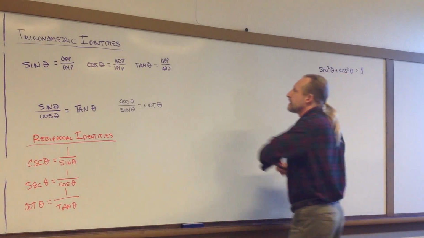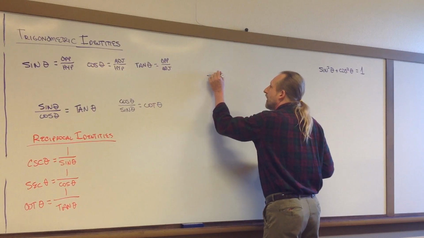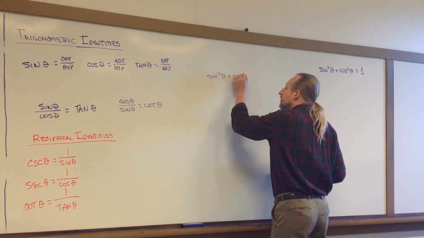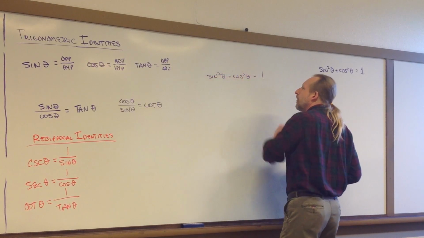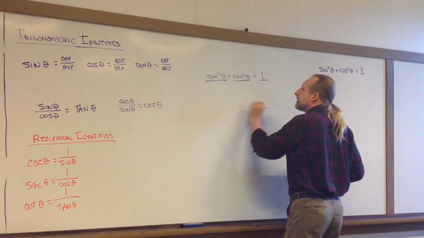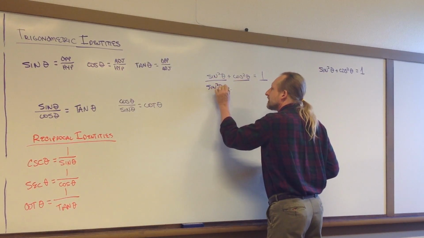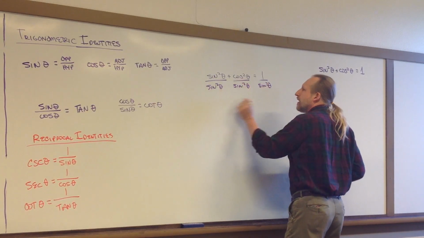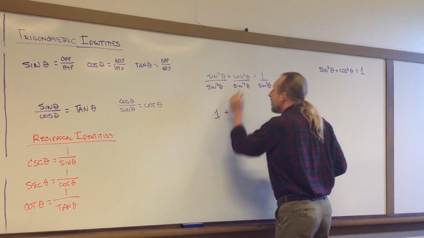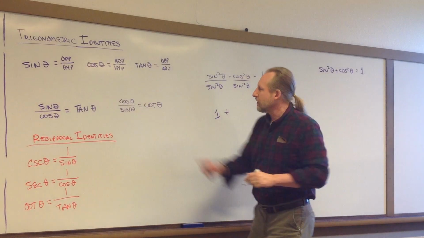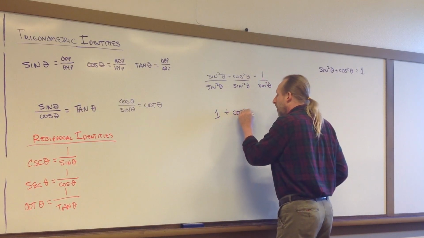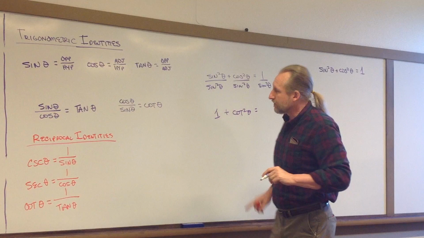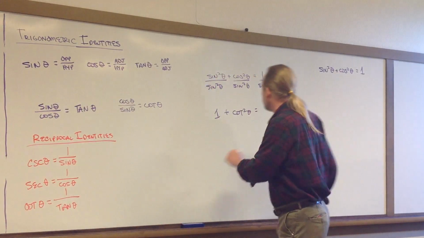See, what happens is if you take sine squared plus cosine squared equals 1, and we divide everything on both sides by sine squared, and I go through this in the textbook as well. This will be 1. Cosine squared over sine squared is cotangent squared. And over here, 1 over sine squared, cosecant squared.